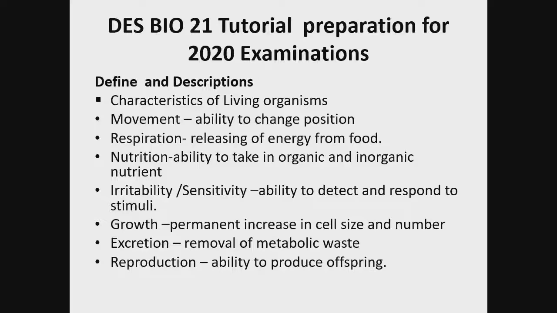So living organisms must be able to grow. And that growth we are looking at in terms of the number of cells and also in terms of cell size. The cells increase in number by two types of cell division called mitosis or meiosis.